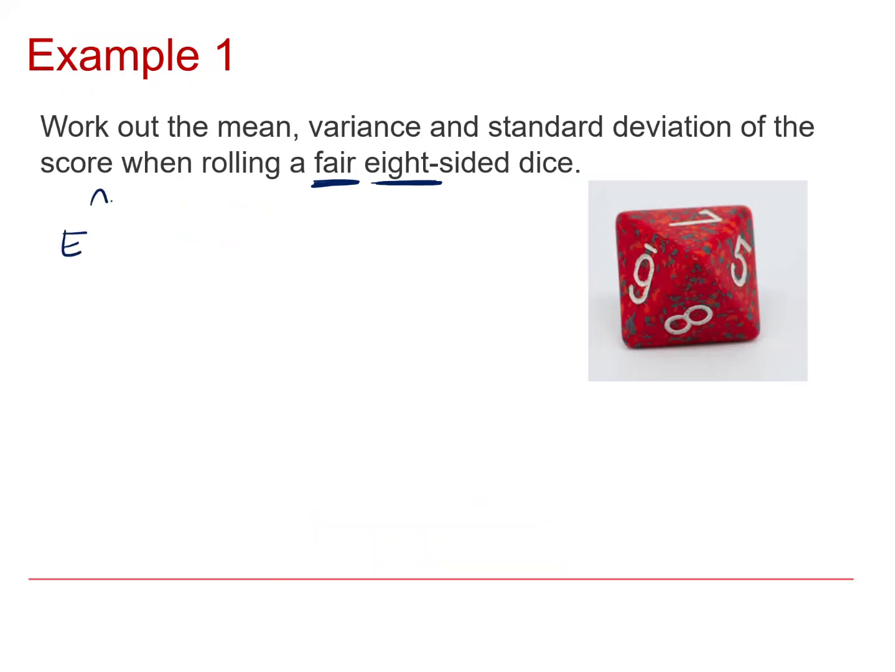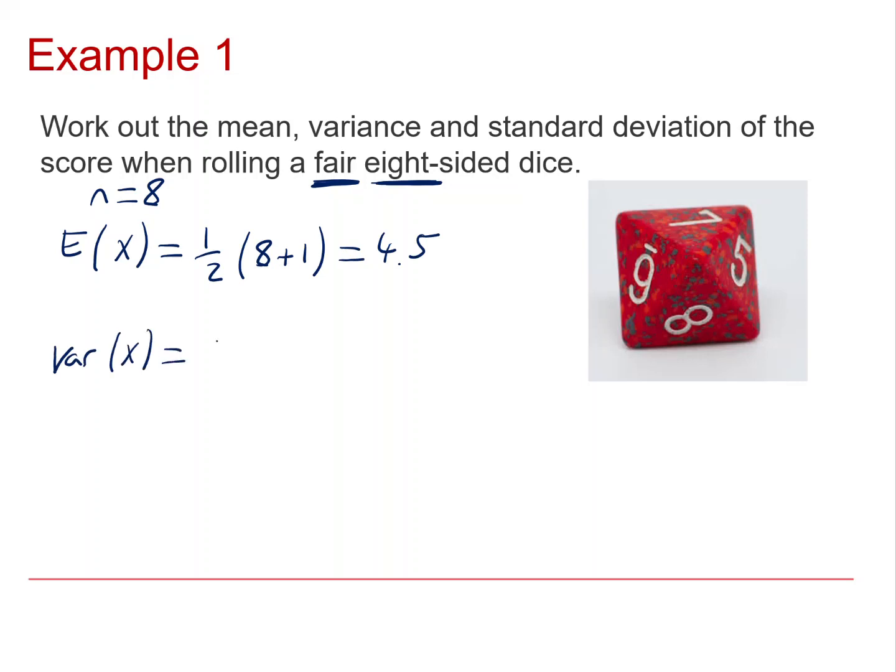So if n is 8, then the expected value of x is going to be a half times n plus 1, 8 plus 1, which is 4.5. The variance of x, remind ourselves that that is 1/12 n squared minus 1. So that is going to be 1/12 times 8 squared minus 1, which is 5.25.